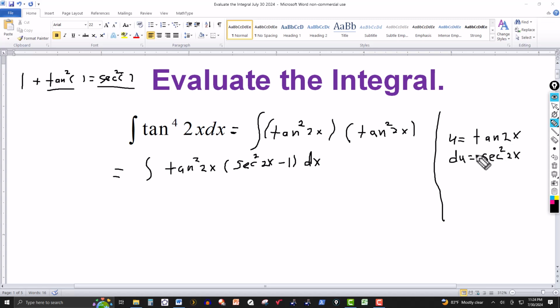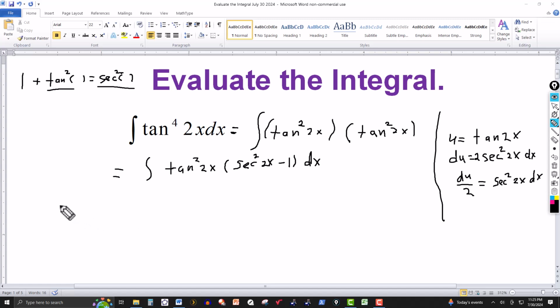So that'll put the 2 out here. Derivative of 2x is 2, and then I'll rewrite this as divide by 2, then du over 2 would equal secant squared of 2x, and I've got the dx here and over here.